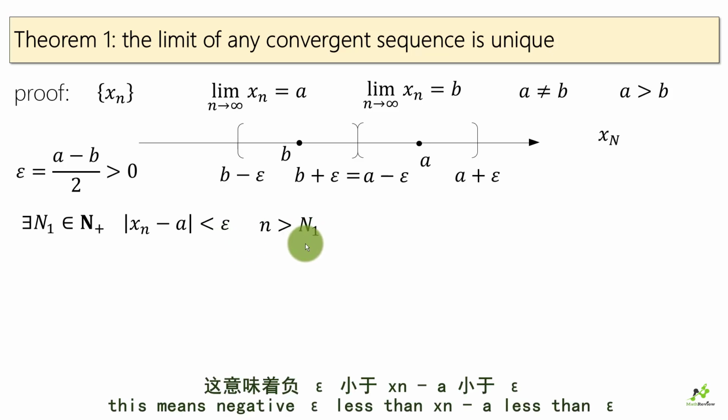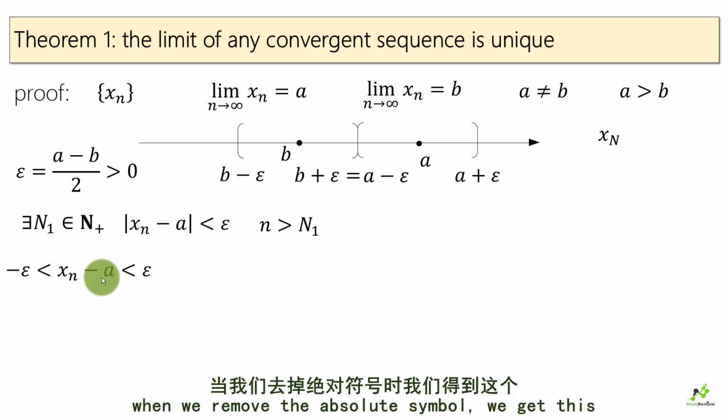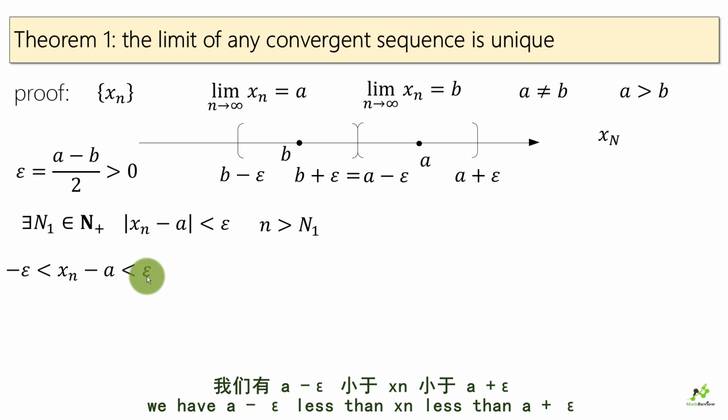This means negative epsilon less than xn minus a less than epsilon. These two are the same. When we remove the absolute value symbol, we get this. We have a minus epsilon less than xn less than a plus epsilon.